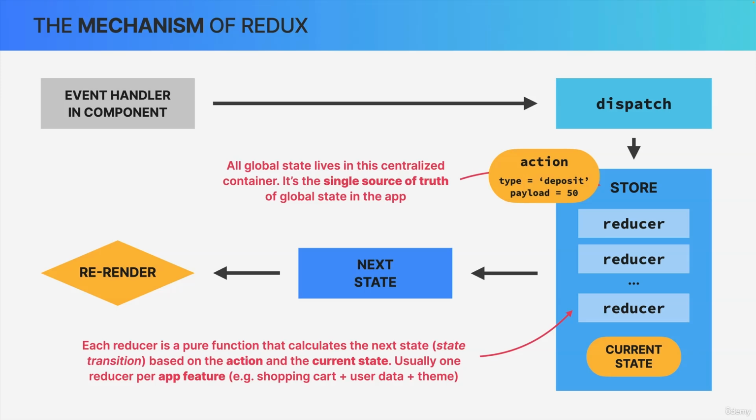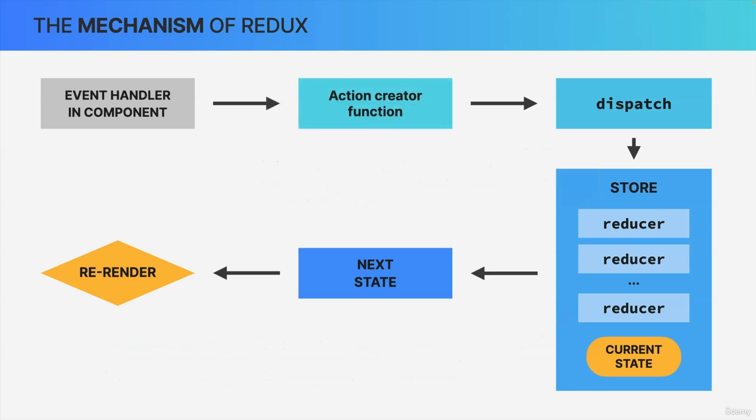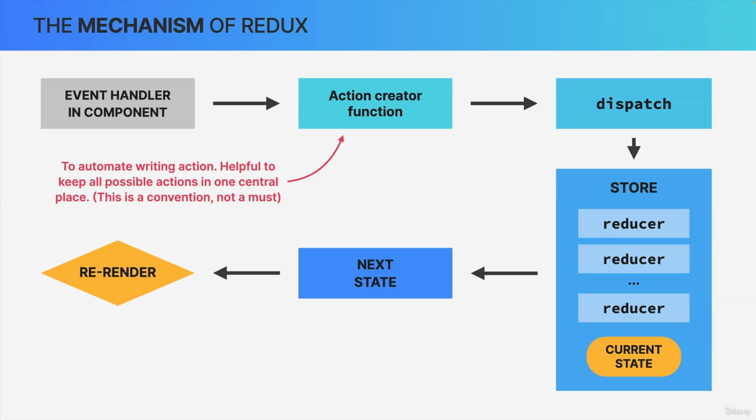Okay, so that's the Redux store, but now let's focus on the action again. In the real world, when we use Redux, we usually use functions called action creators in order to automate the process of writing actions. So basically, instead of always writing these action objects by hand, we create functions that do this automatically.